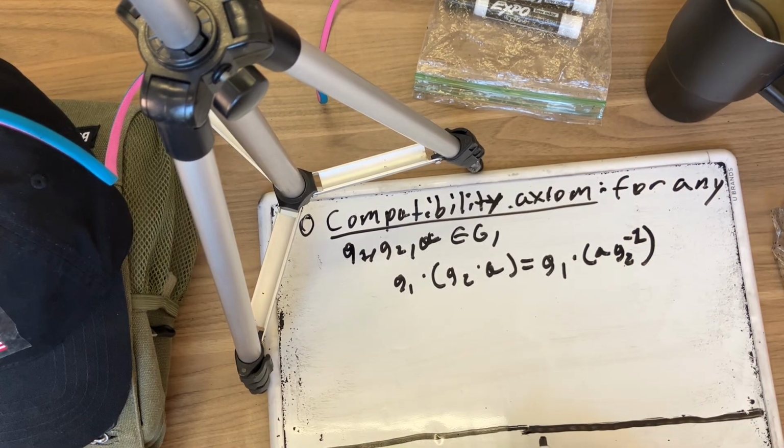I know it's probably better for me to say G sub 2 inverse, but G sub 2 to the negative 1 is just a whole lot easier to say, and you already know what I mean anyway.